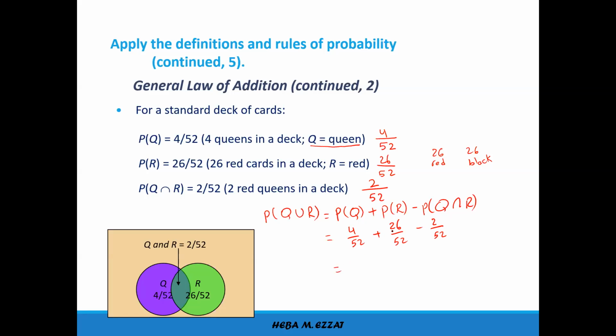The result here is 4 minus 2 would give us 2, so it's 28 divided by 52. This would be the probability.